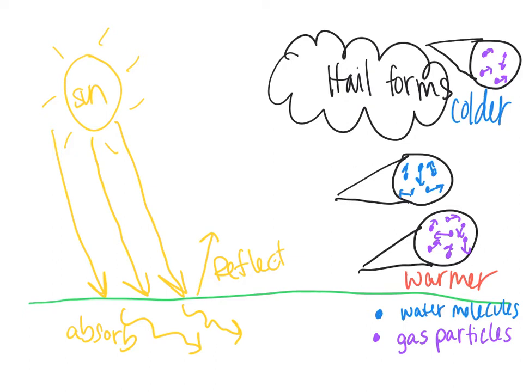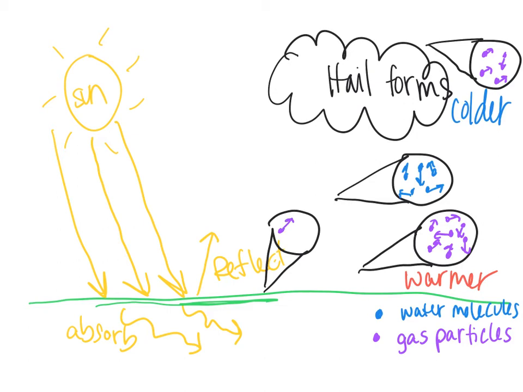Then in lesson 5, we figured out that air, when heated, will change density. So this warm surface down here is going to heat the air, and the air above it's going to speed up. So if we zoom in, we know that those gas particles in the air are going to start speeding up.